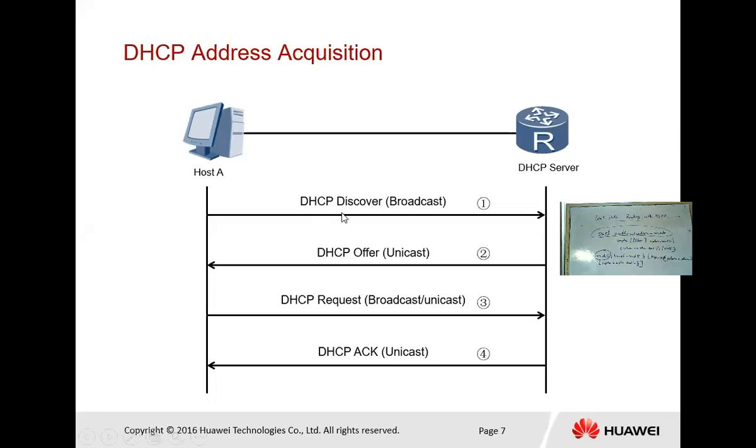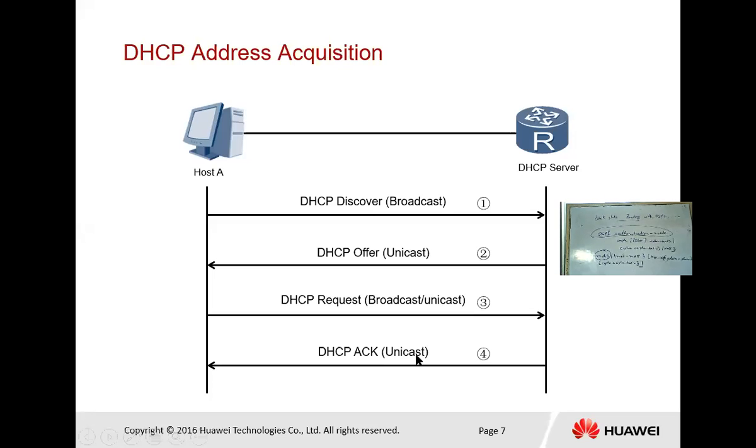Host A first broadcasts the message: I need an IP address. Then the DHCP server responds back to the host. If there is more than one DHCP server, the client broadcasts, saying someone should assign me an IP address. The one server then sends a DHCP offer by unicast. Then comes the DHCP request, broadcast or unicast, the third time. Then it will again acknowledge with a unicast.